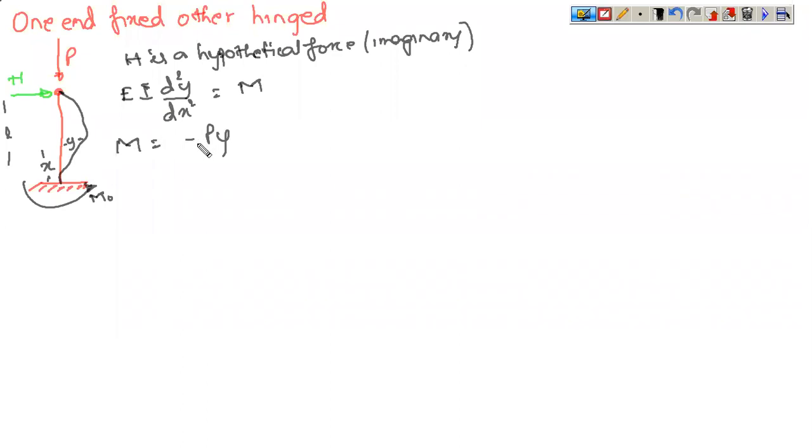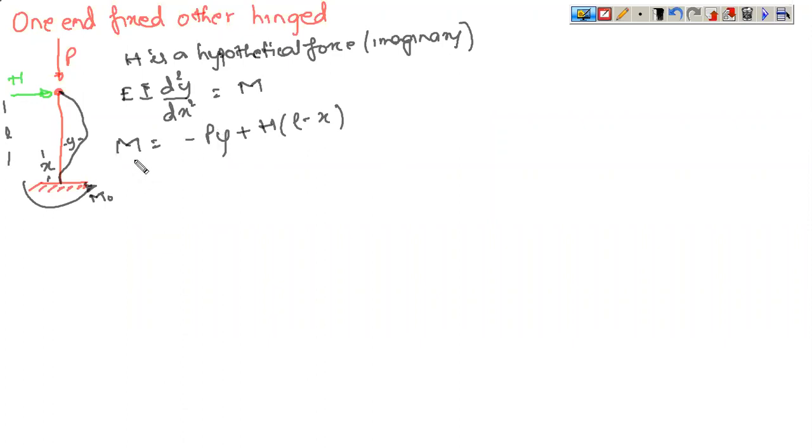Because of the sign convention, and py is the instantaneous moment at a distance x. Now there has to be an instantaneous moment produced due to this h also. So this is plus h into L minus x. Okay, because this is clockwise in nature.